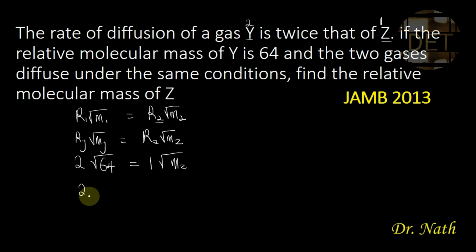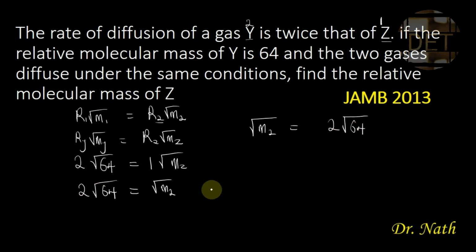So this will be equal to 2 square root of 64 is equal to square root of MZ. So you can actually rearrange this expression. So this expression is the same thing as square root of MZ is equal to 2 square root of 64. So what I will do in order for me to remove this square root is to square both sides of the equation.